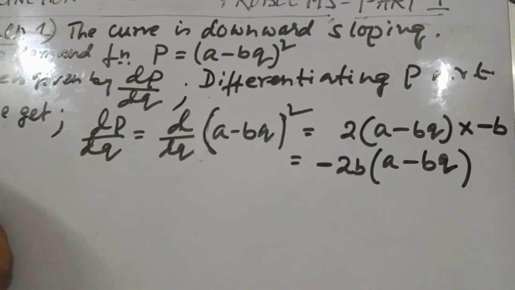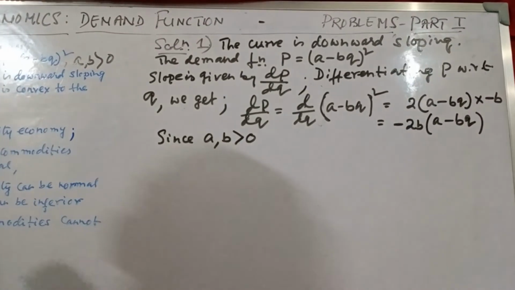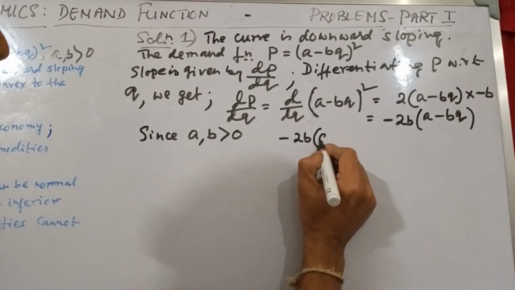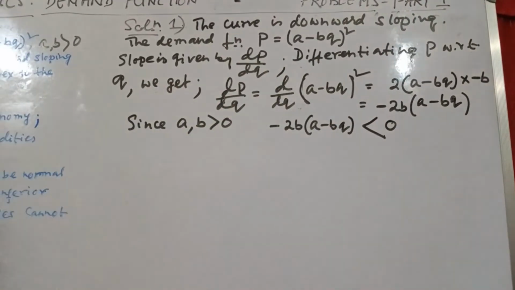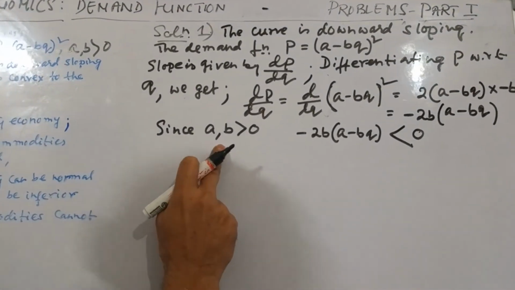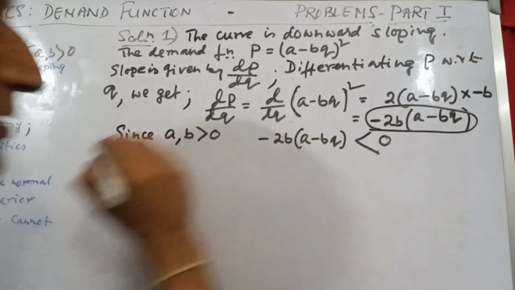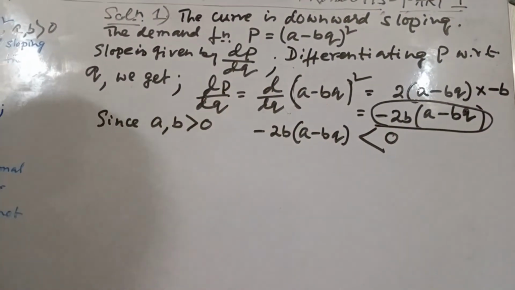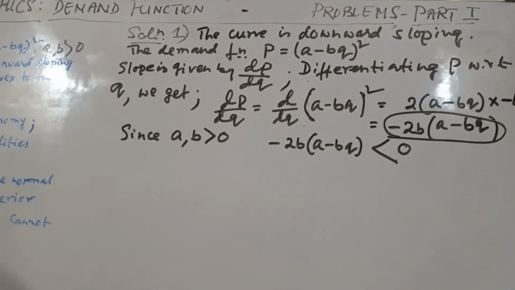Now since A and B are greater than 0, minus 2B into (A minus BQ) must be less than 0, isn't it? If A and B are positive, then the value of this expression is negative. Minus is already given here, negative sign is already given here. So minus 2B into (A minus BQ) is less than 0.